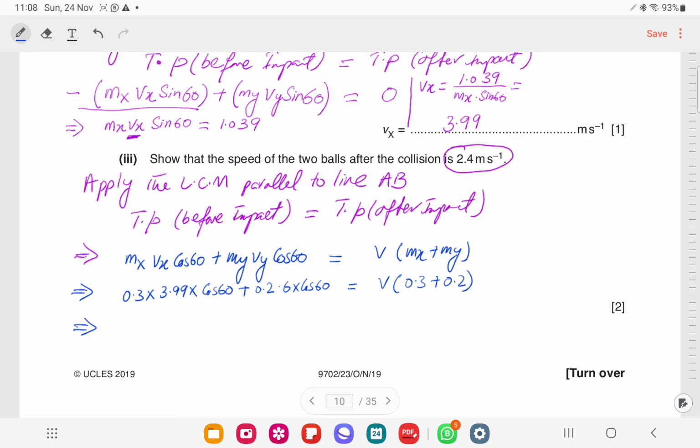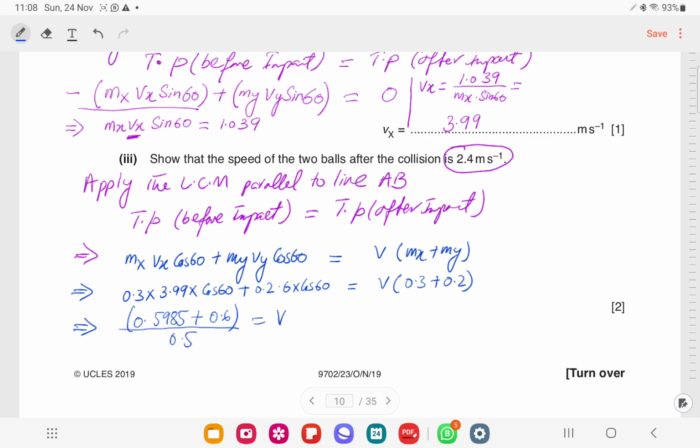Okay, 0.3 into 3.99 into cos 60 is coming 0.5985 plus 0.2 into 6 into cos 60. It's coming 0.6 divided by 0.5 is equal to V.